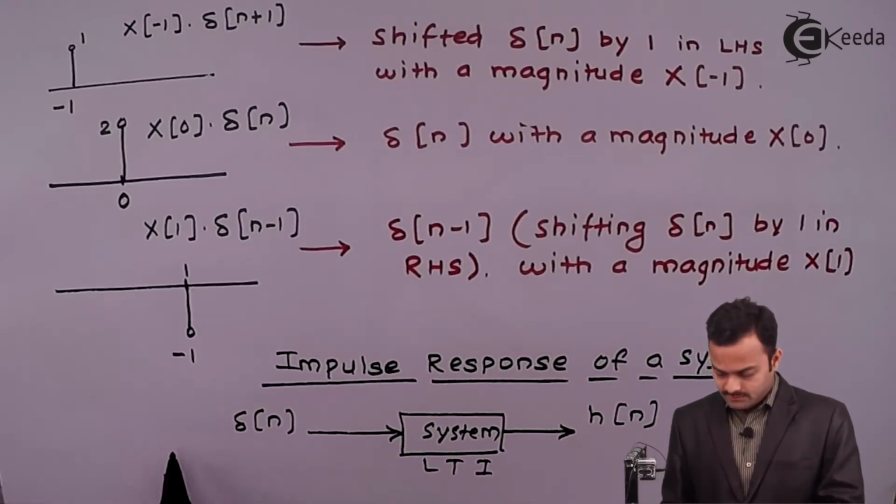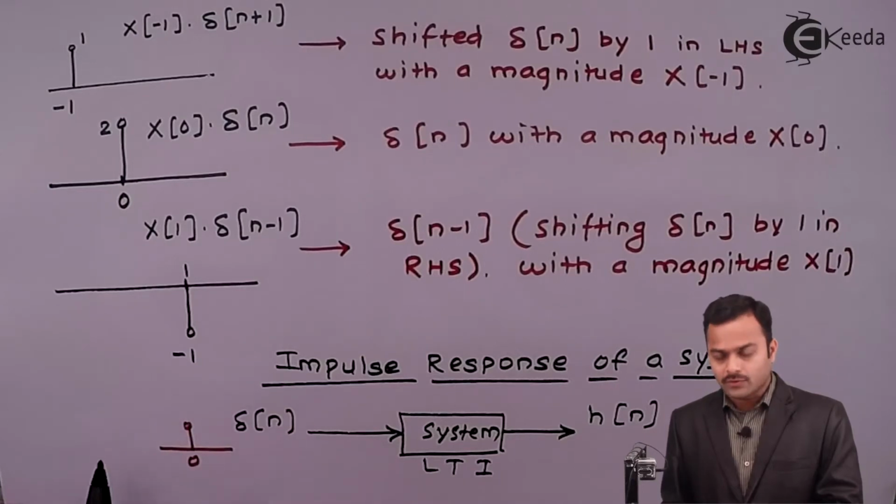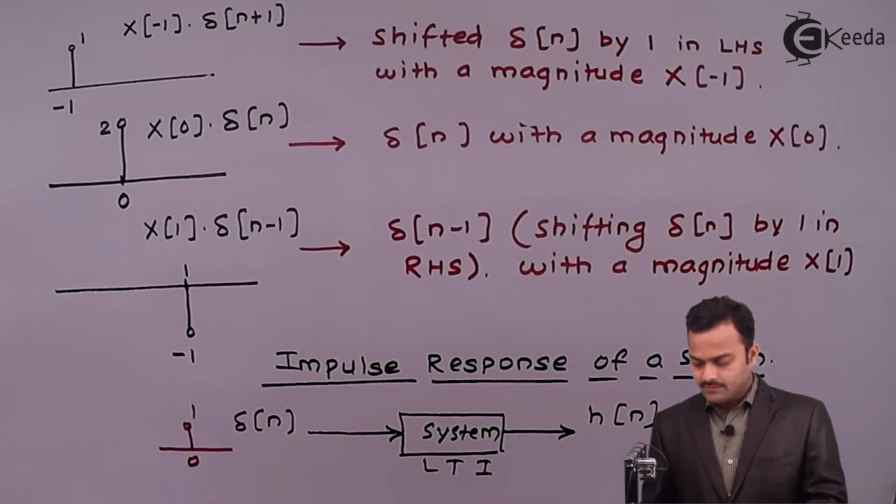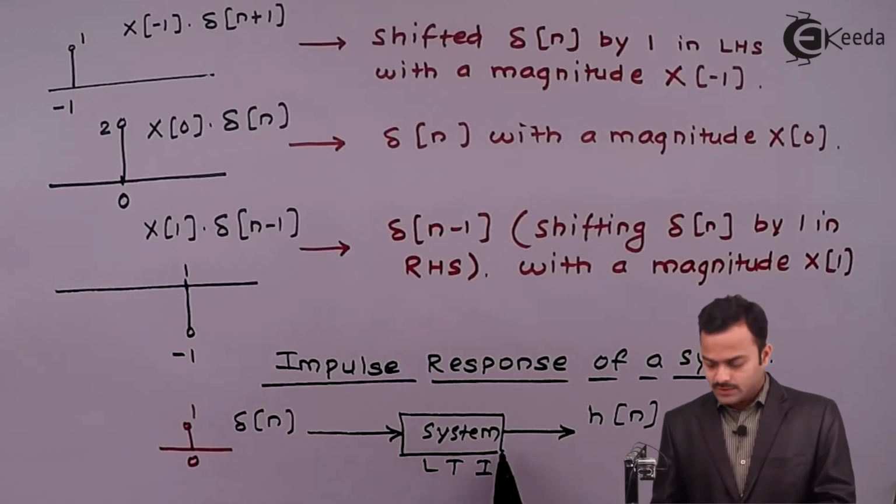So impulse means it is a signal that exists only for n equal to 0 with a value 1, and the corresponding output I am getting as h of n. So we'll do one thing, we'll consider a random impulse response for this particular LTI system which we are going to apply for this.